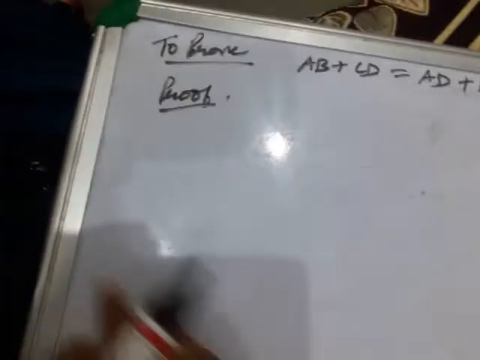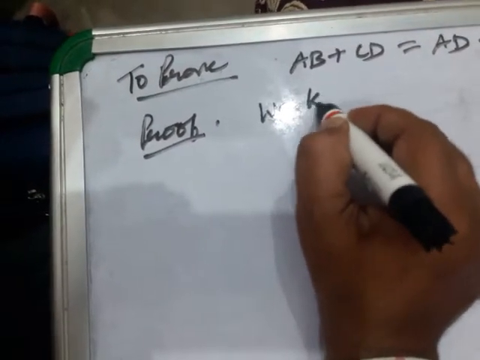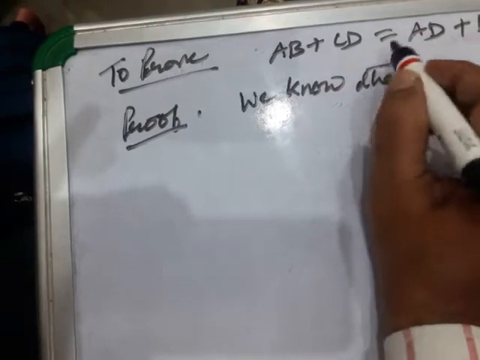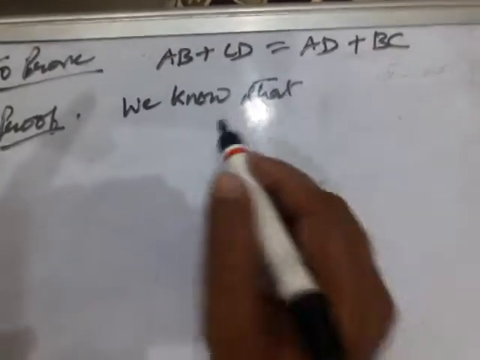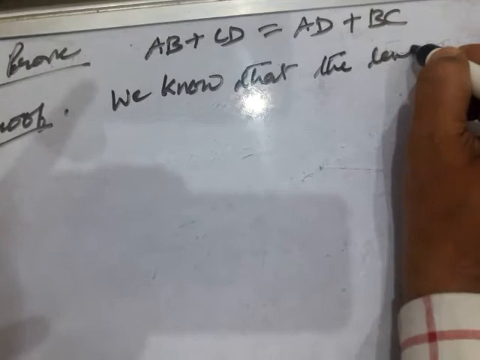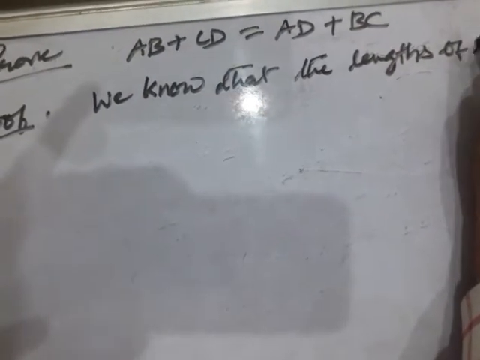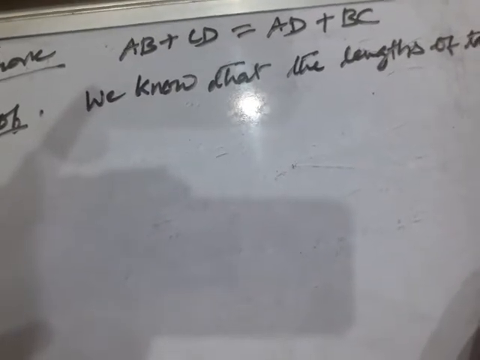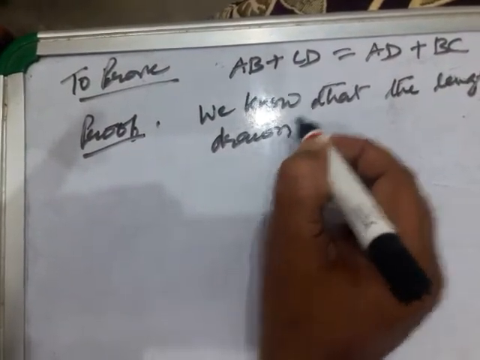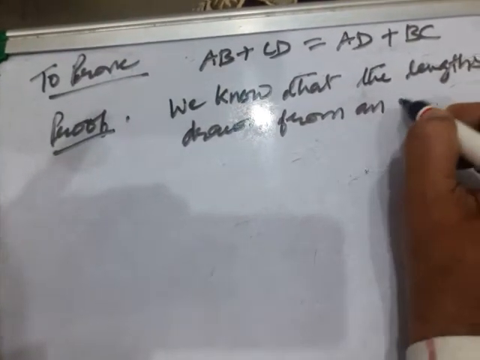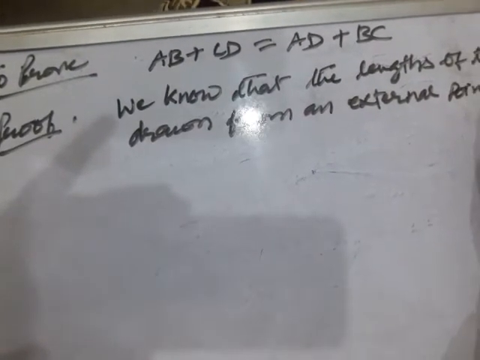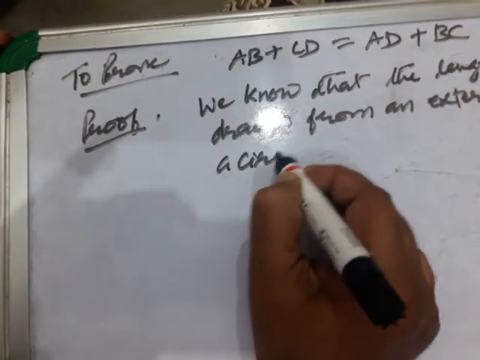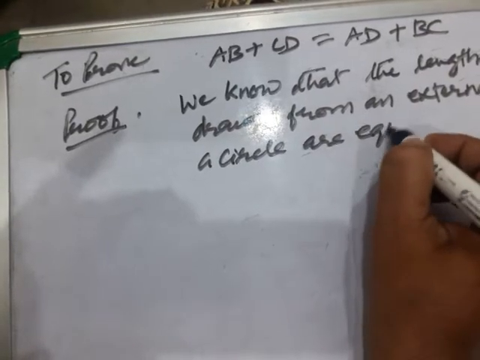See, children, what do we know? Here, in theorem 10.2, we have studied that the lengths of tangents drawn from an external point of a circle are equal.